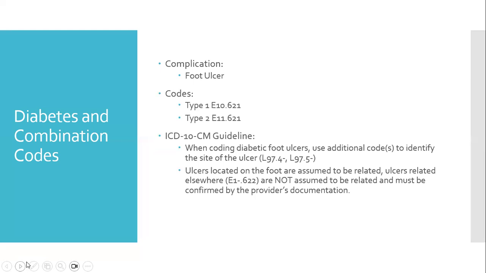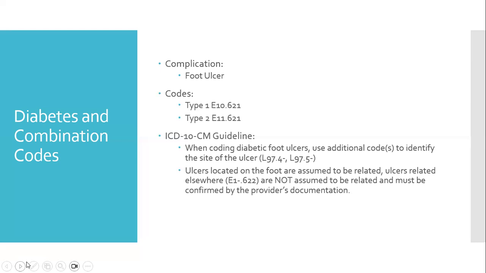So they'll give you the site of the ulcer, and sometimes they'll also give you the stage of the ulcer. So we know that there is a code also note that says to identify the site of the ulcer. So that's going to be your L97.4 or your L97.5 codes.